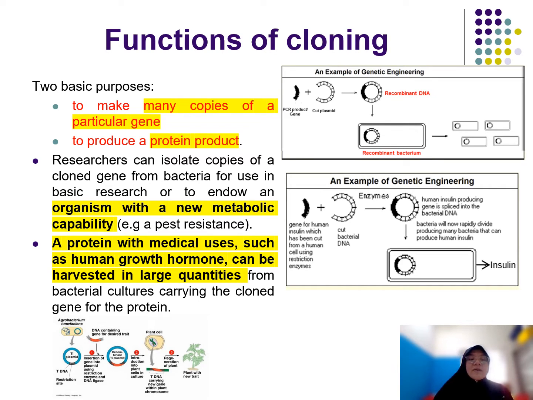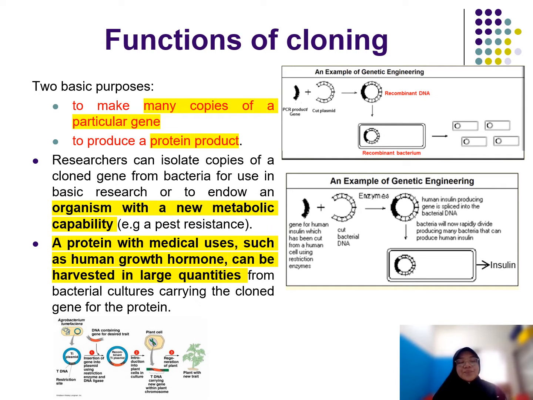Researchers can isolate the cloned gene from bacteria for use in basic research or to endow an organism with a new metabolic capability. For example, they could produce plants with pest resistance. That is the function of the amplification or cloning of the bacteria.